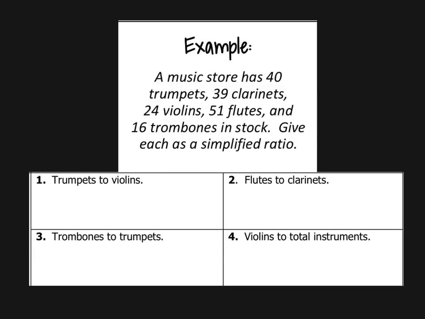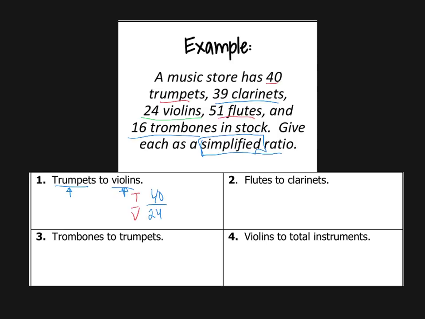So in the notes over on the side, it says a music store has 40 trumpets, 39 clarinets, 24 violins, 51 flutes, and 16 trombones. Give each as a simplified ratio. So trumpets to violins. The first number should be referencing trumpets, and the second number should be violins.